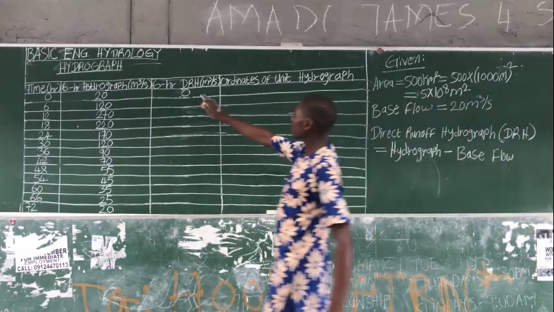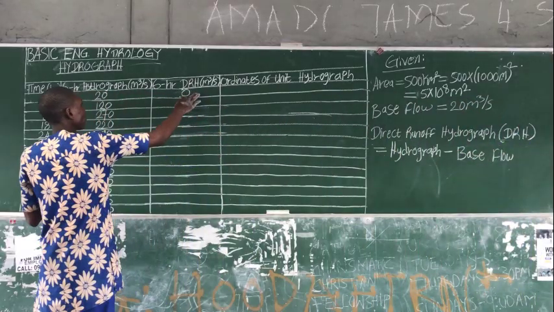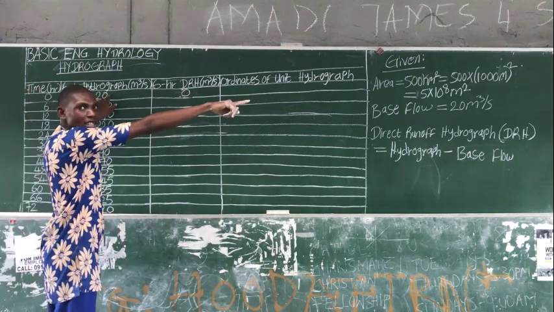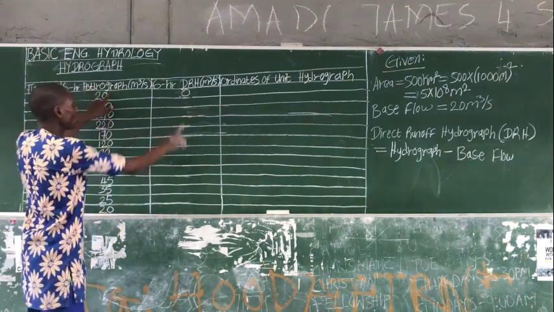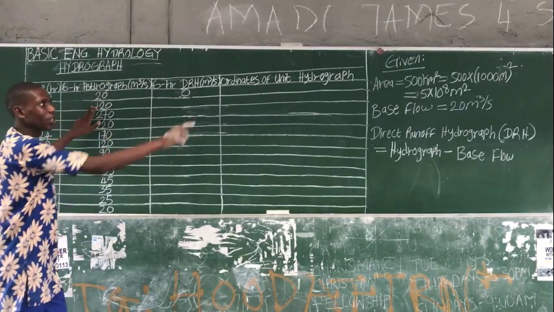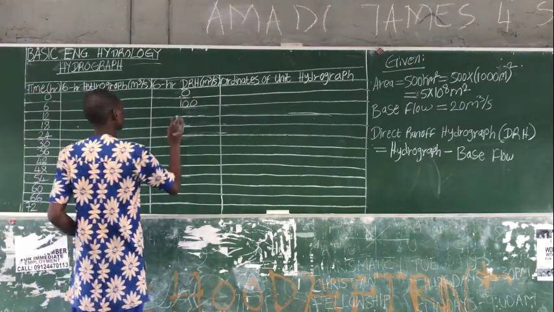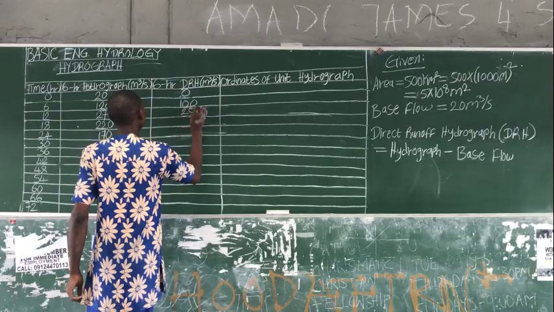Okay, so to get the direct runoff hydrograph for this time, it is simply 20 minus the base flow, which is 20. So we have 0. So for the next, we have 120 minus 20, we have 100. So we have 270 minus 20, 250.